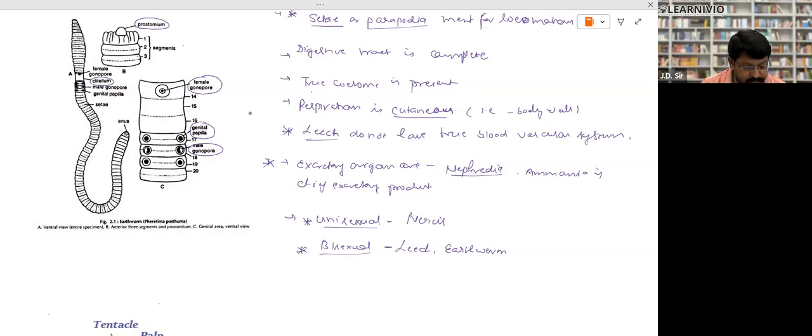Blood is red due to presence of red pigment, hemoglobin, which is found dissolved with blood plasma.